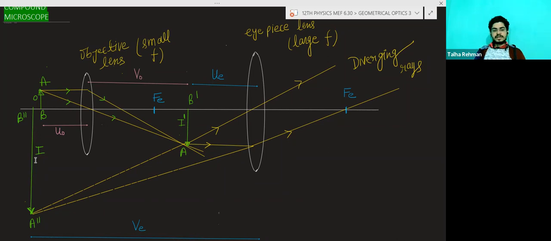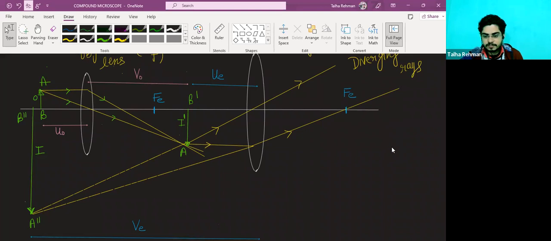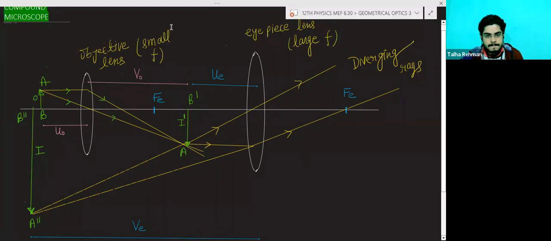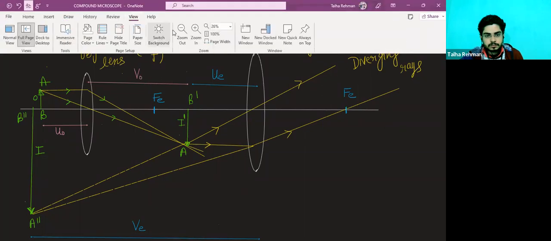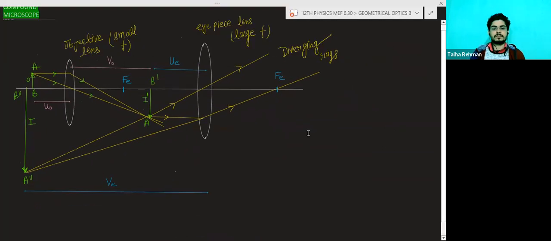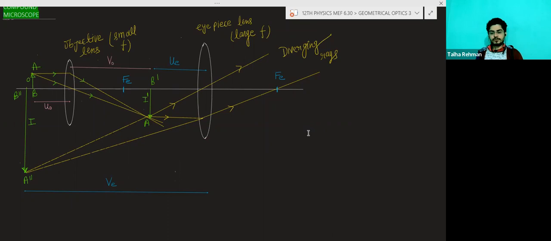Now, after this, we will calculate the magnification. First, take the screenshot, then we will calculate the magnification. Step by step, if you do it, then only you will understand.